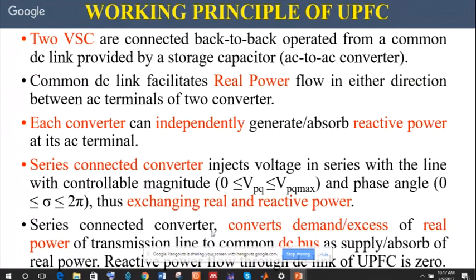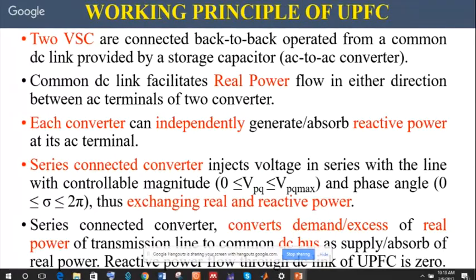When the series connected converter injects voltage in series with the line, it will not necessarily be in quadrature. It will have some phase angle with respect to the transmission line current.